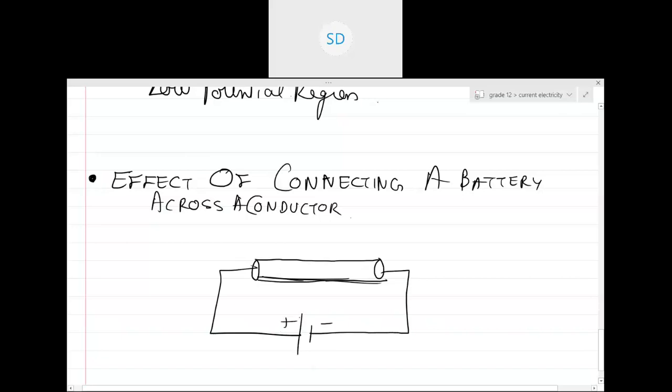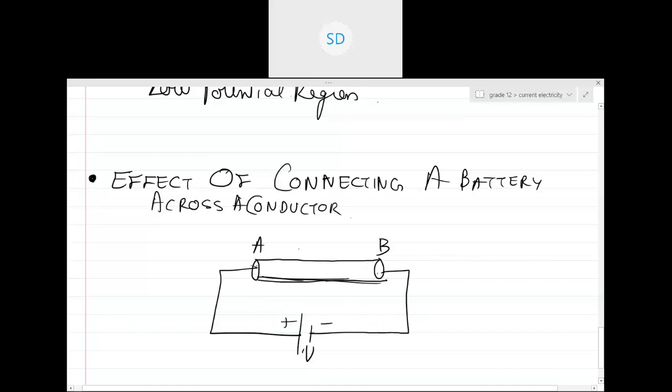Tell me this: if I have a conductor AB of length L and area of cross section, whatever, and I have connected it across the terminals of the battery, can you see the positive terminal has been connected with point A, and the negative terminal with point B, right or wrong?